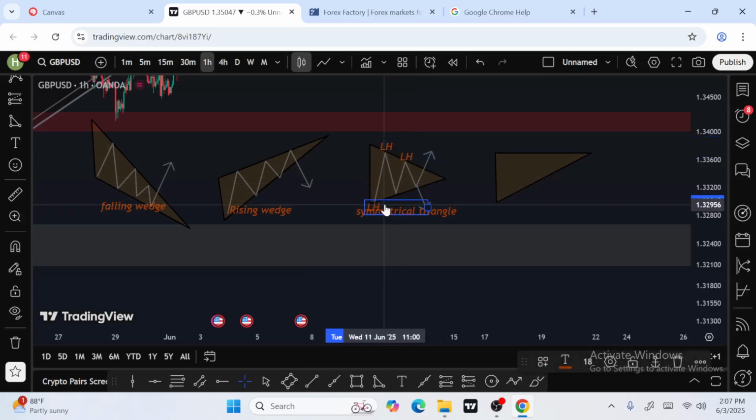Higher low. Yes, the starting point is also referred to as what? Higher low, because the next one is higher than the starting point, so it's still the same thing. Are we following, guys?